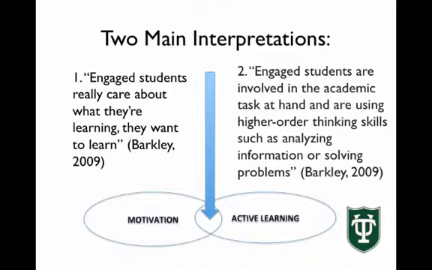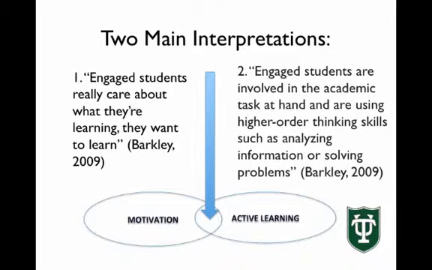The second interpretation is that engaged students are involved in the academic task at hand and are using higher order thinking skills such as analyzing information or solving problems. This definition of engagement has to do more with doing, or with active learning.